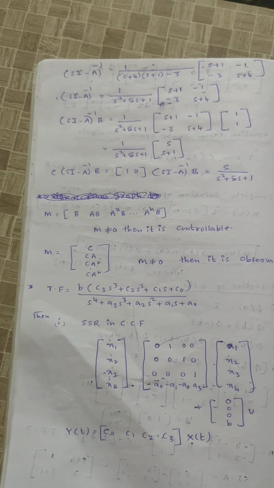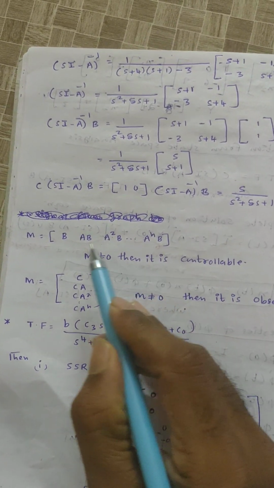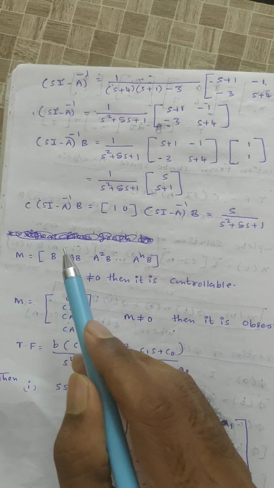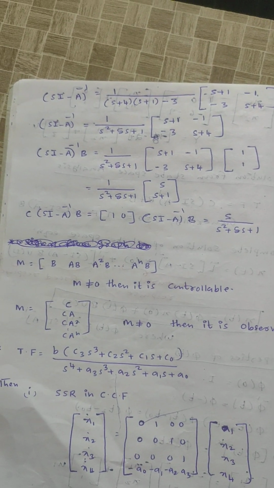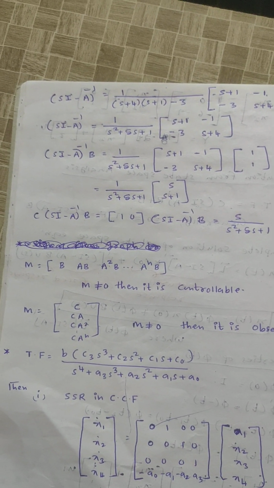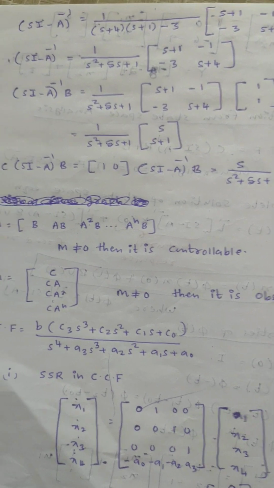Controllability and observability, very important, right? See here, already we know that x dot is equal to Ax plus Bu, output y is equal to Cx plus Du, right?